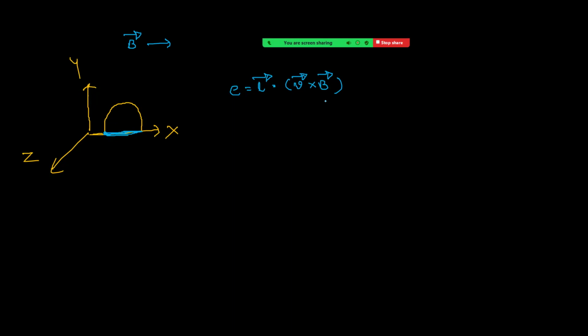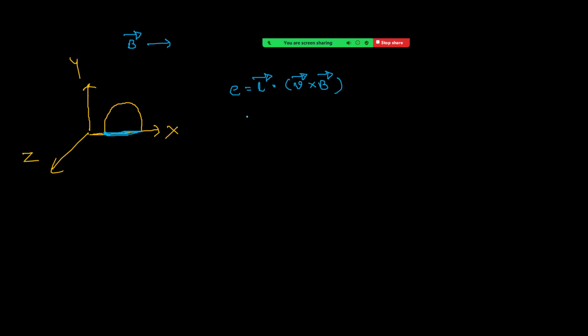And we have learned that out of these three vectors, if any two vectors are parallel, the E value will be 0. And you can see the direction of L bar is along the x-axis, and B bar is along the x-axis. Since these two vectors are parallel, irrespective of the direction of V bar, E will be 0.